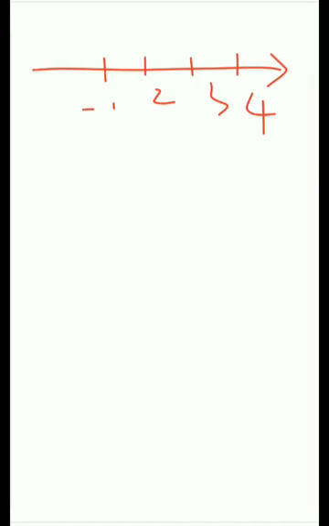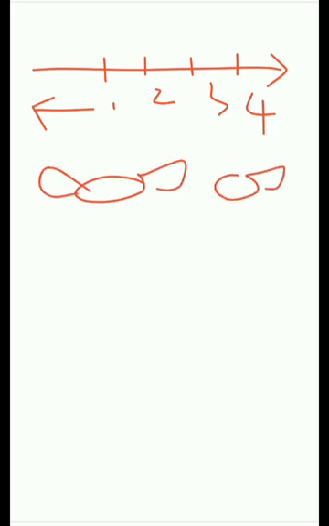Now, is there any number on the left side of 1? In this direction, on the left side of 1, is there any number? Let us see. Let me ask you one more question. Suppose you had 3 chocolates with you. And one day, one of your friends comes to you and takes away 1 chocolate from you. Then, how many chocolates do you have now?